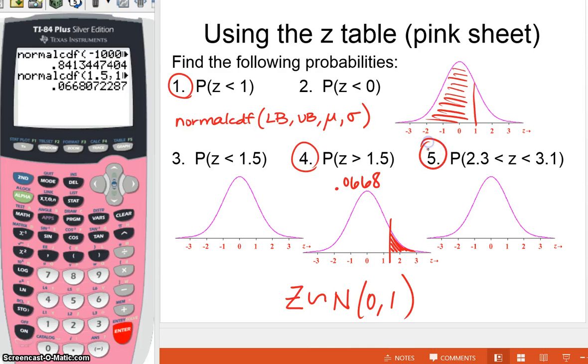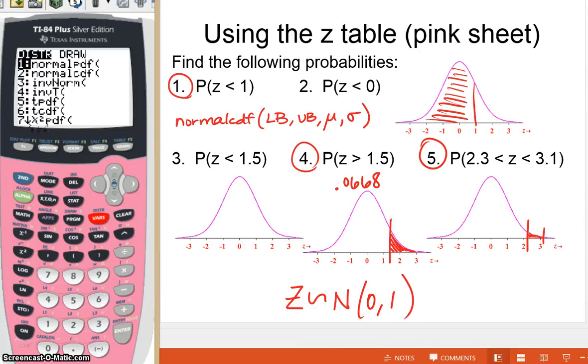Okay, number 5. Yesterday, we looked at 2.3 to 3.1, this teeny tiny area right there. When we did that yesterday, we had to find the area to the left of 3.1 and the area to the left of 2.3, and then subtract them. Again, the calculator is smarter than that, so we just go to distributions, normal CDF, lower bound 2.3, upper bound 3.1, mean 0, standard deviation 1, paste.